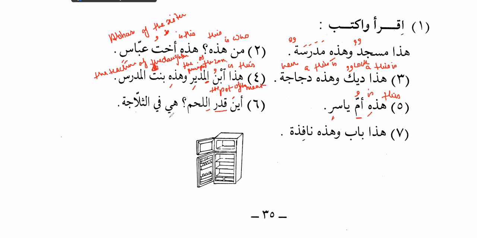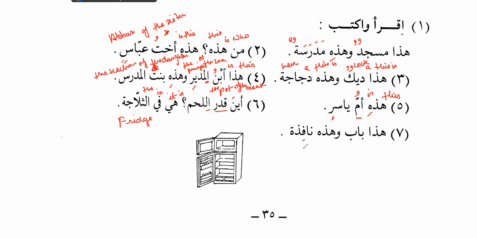Why here? في الثلاجة. هي في الثلاجة. قدر اللحم. أين قدر اللحم? Where is the pot of the meat? هي في الثلاجة. It's in the fridge. It is in the fridge.